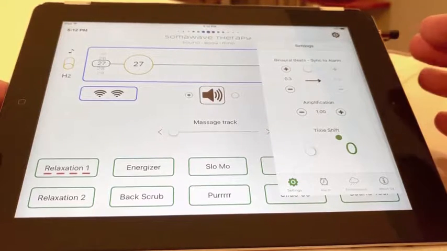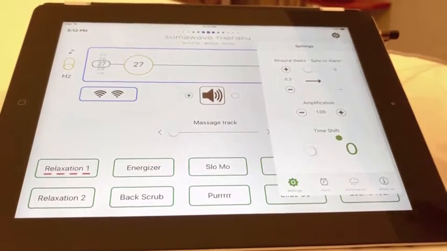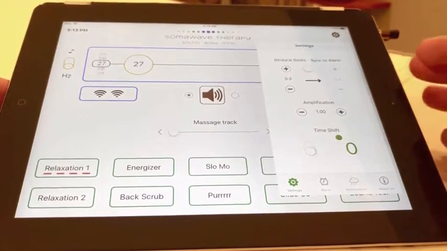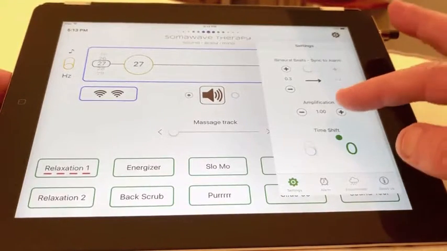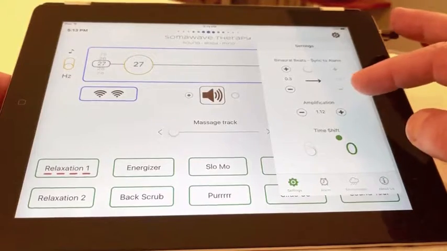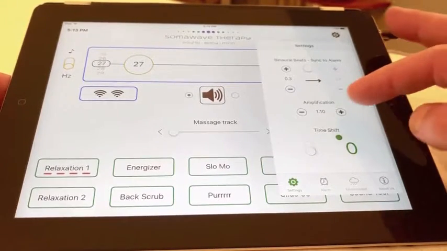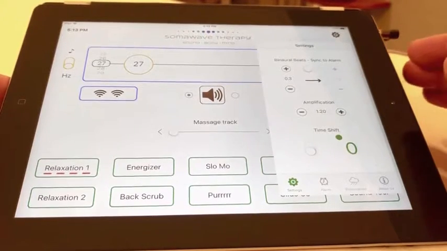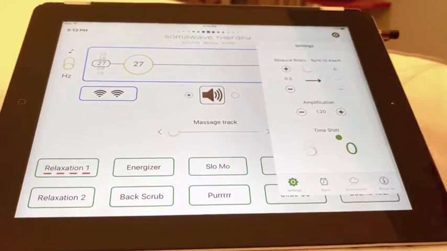When I had turned her over, that's the other element. When they're face down, the stomach is the more vulnerable, sensitive side, so I keep the volume a little bit lower. When I turn my client over on their back, then I can boost the volume. I boosted 0.10 or 20, and so I was able to boost it for her a little bit. But everyone's going to be different.